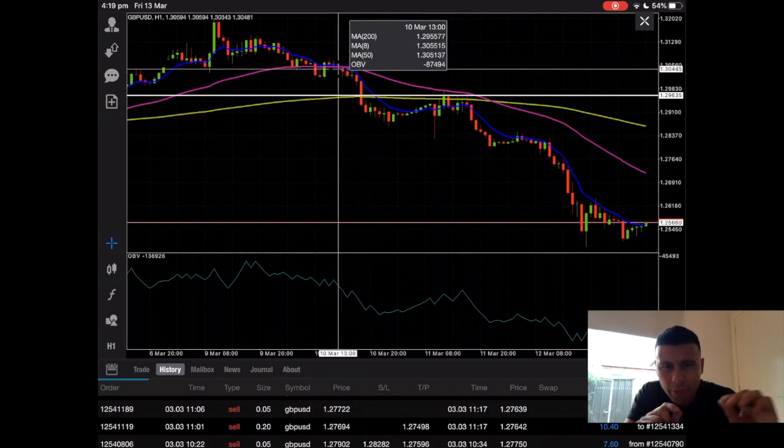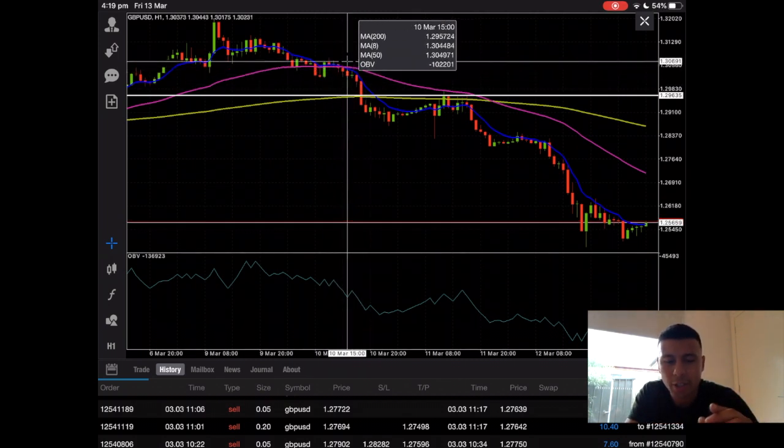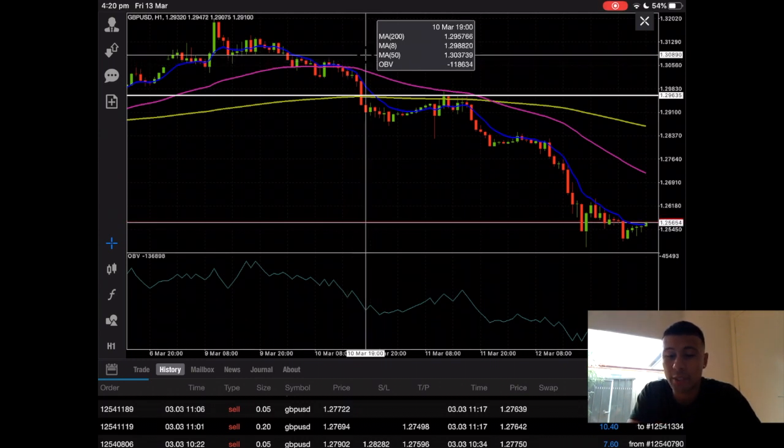I also add to my strategy, I also do divergence trading. So whatever my OBV indicator tells me, if it's opposite to price action, I tend to see these things, and divergence is something that I also use as clarification to make that trade. So I think I used divergence with gold, and I used divergence with GBP USD as well.